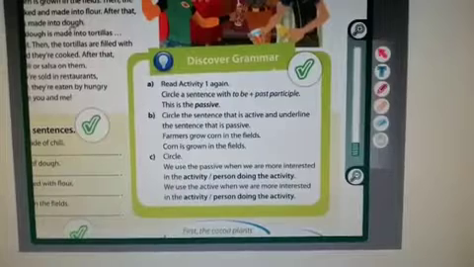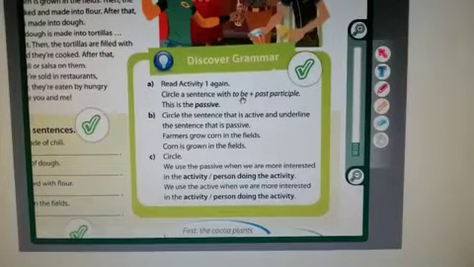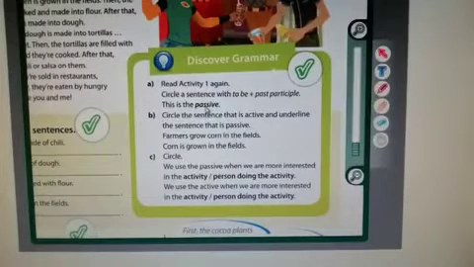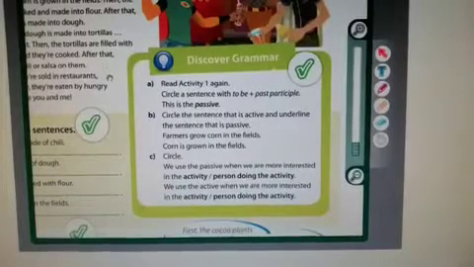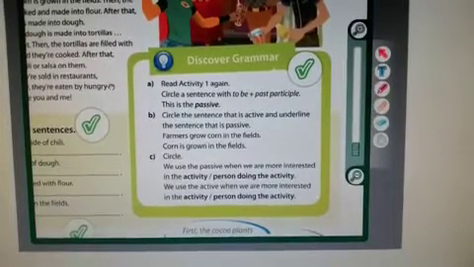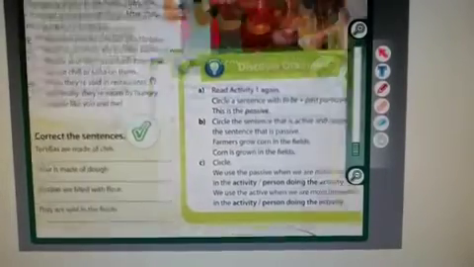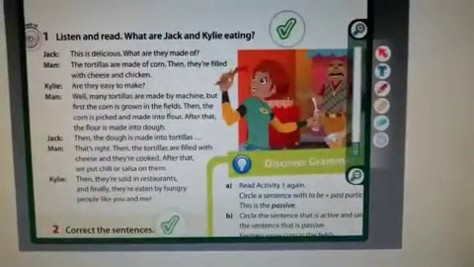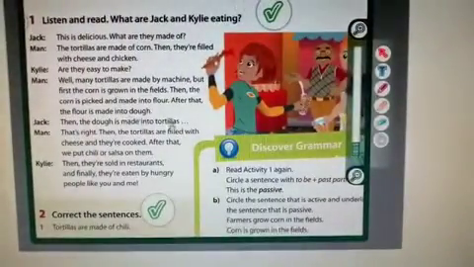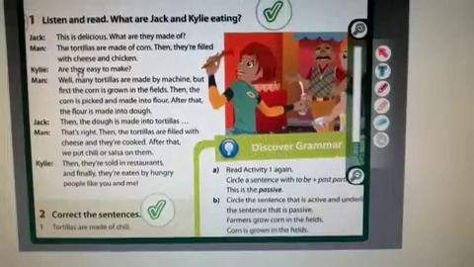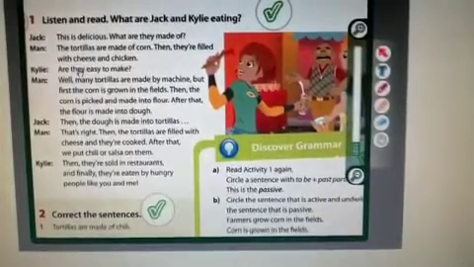Read Activity 1 again. Circle sentences with to be plus past participle. This is the passive. So, here we have many sentences. I want you to choose one of these sentences. If you look at the sentence, what are they made of?